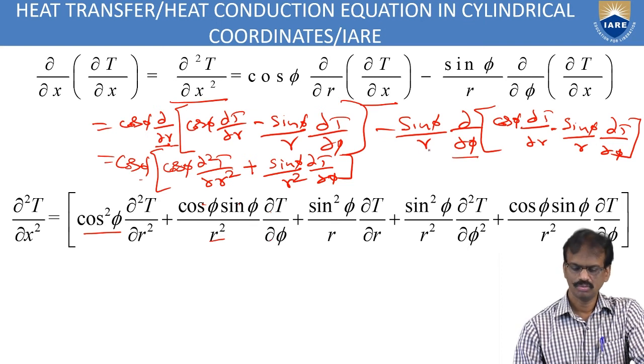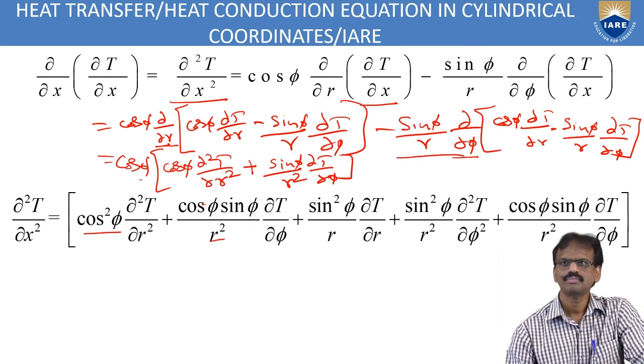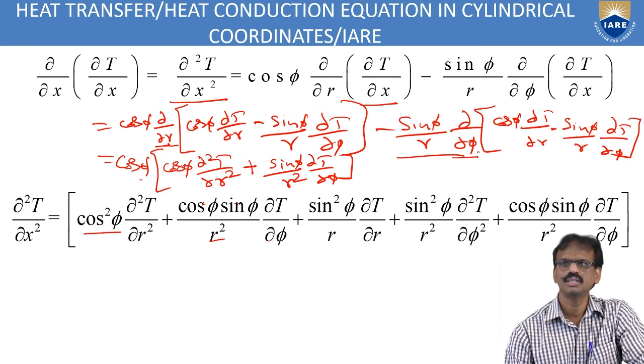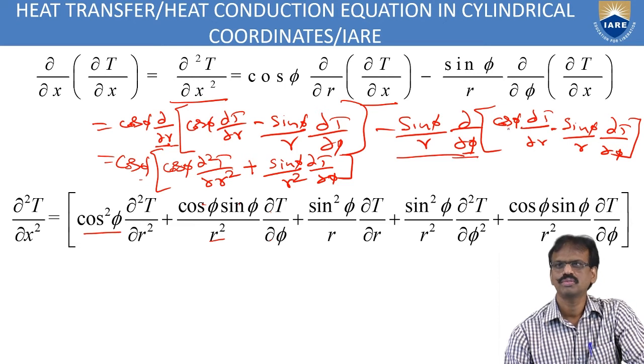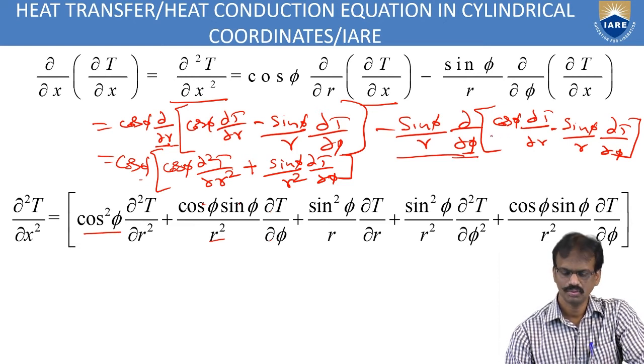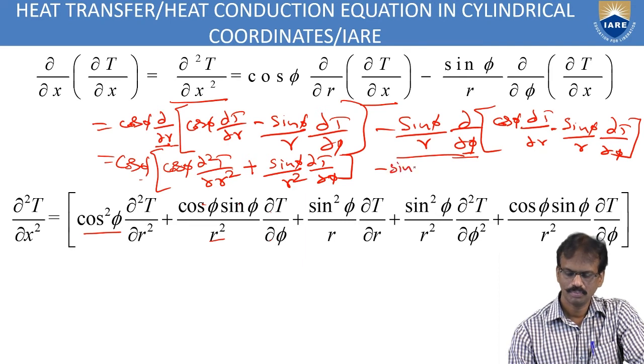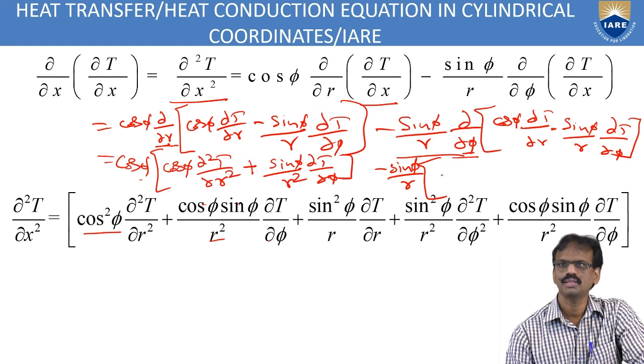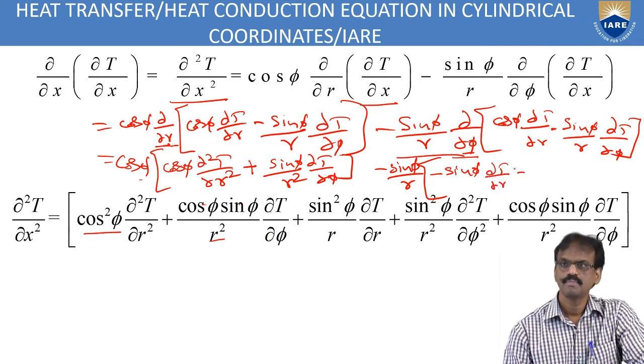Okay. So next you have to differentiate this one, the derivative with respect to φ. So cos φ, what will we get, minus sin φ. So we get minus sin φ by r, with respect to φ, cos φ means minus sin φ into ∂T/∂r. Okay, minus.